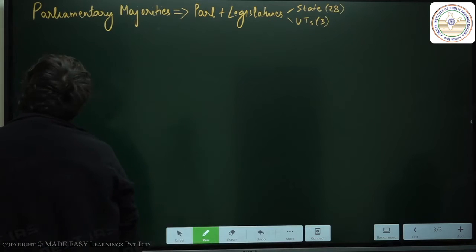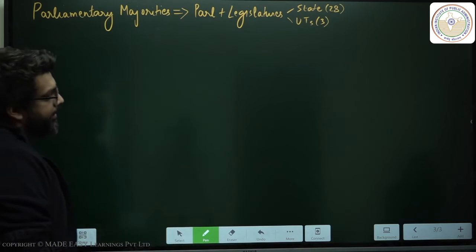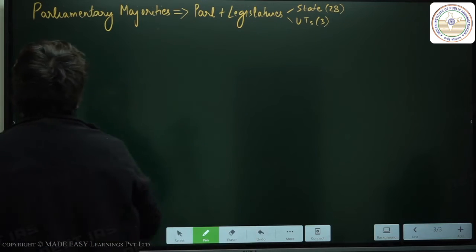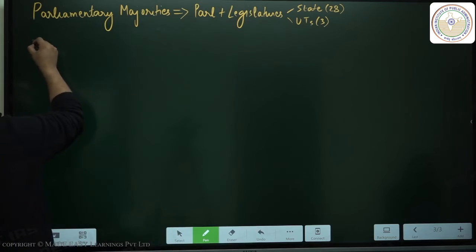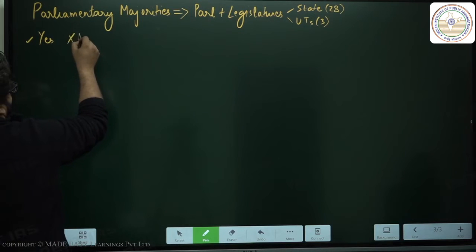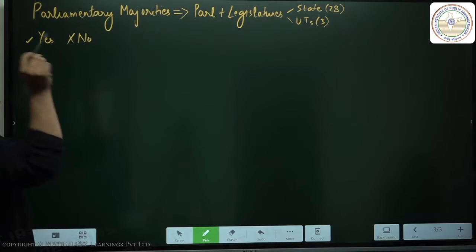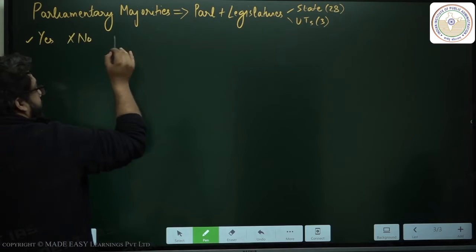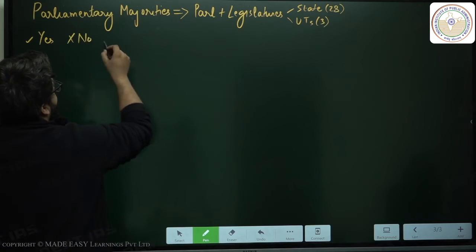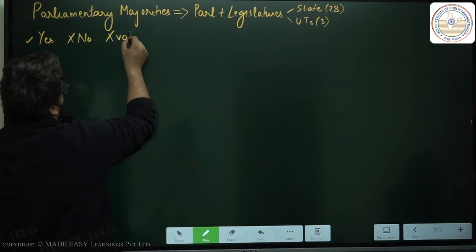Understood? So, in parliamentary majorities, now very important, you get the power to say yes, you get the power to say no, and you also have the power to be present on the parliament's floor, to be present in the assembly and decide to not vote.